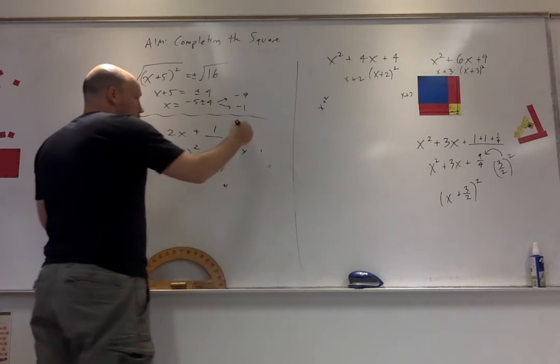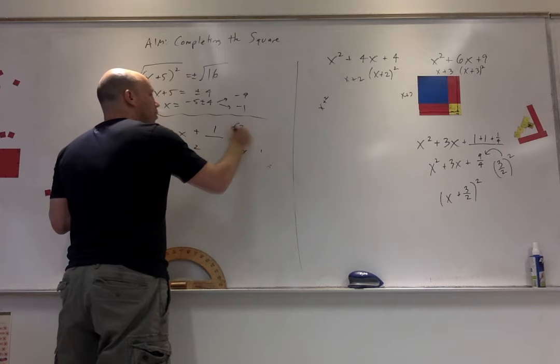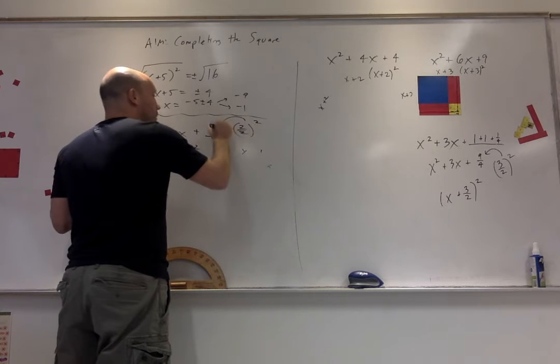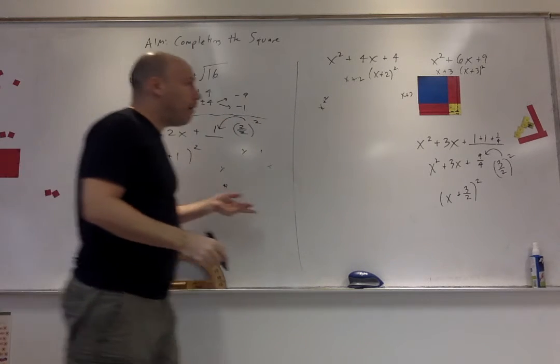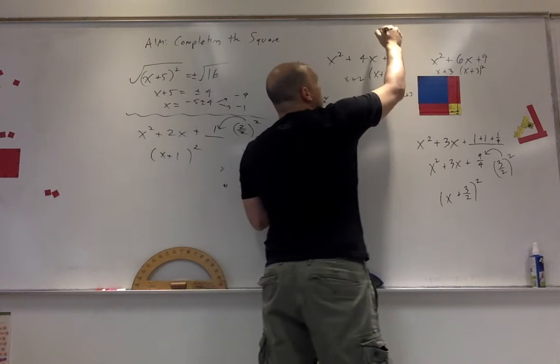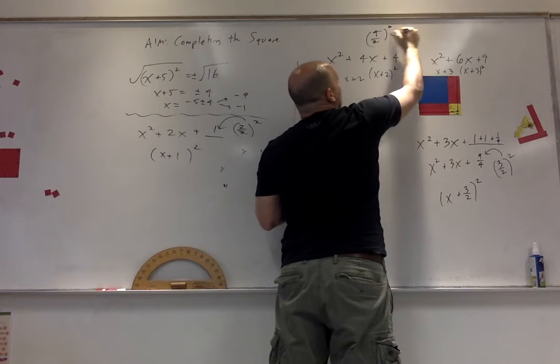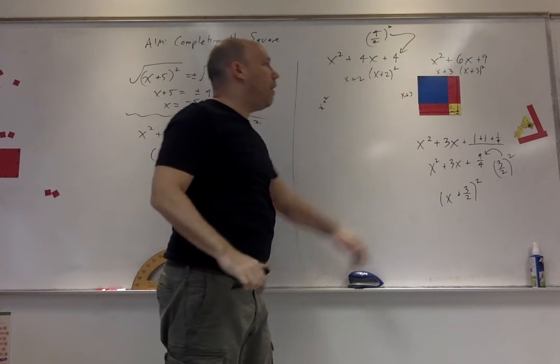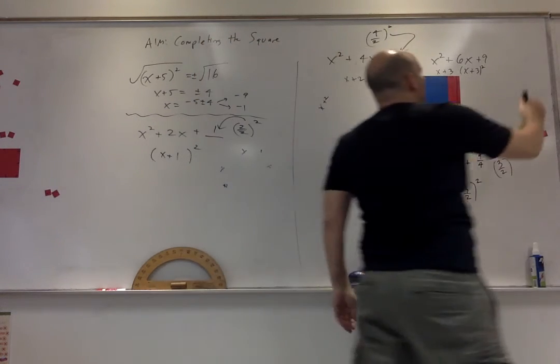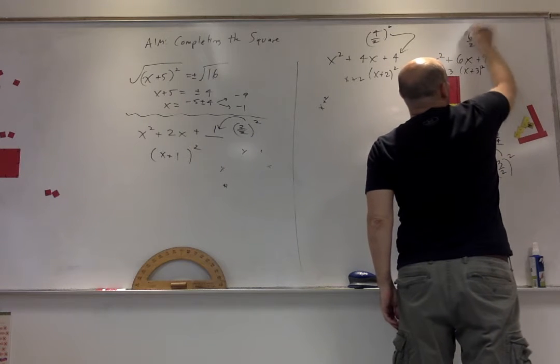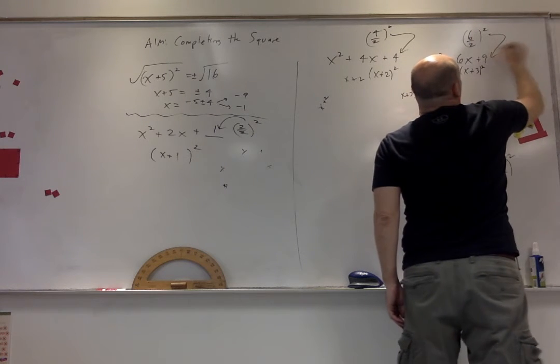Let me take my 2 and divide by 2 and square it. That gives me my 1. I like it. Take my 4 divided by 2 and square it. Love it. Perfect. I can take my 6 divided by 2 and square it. Perfect.